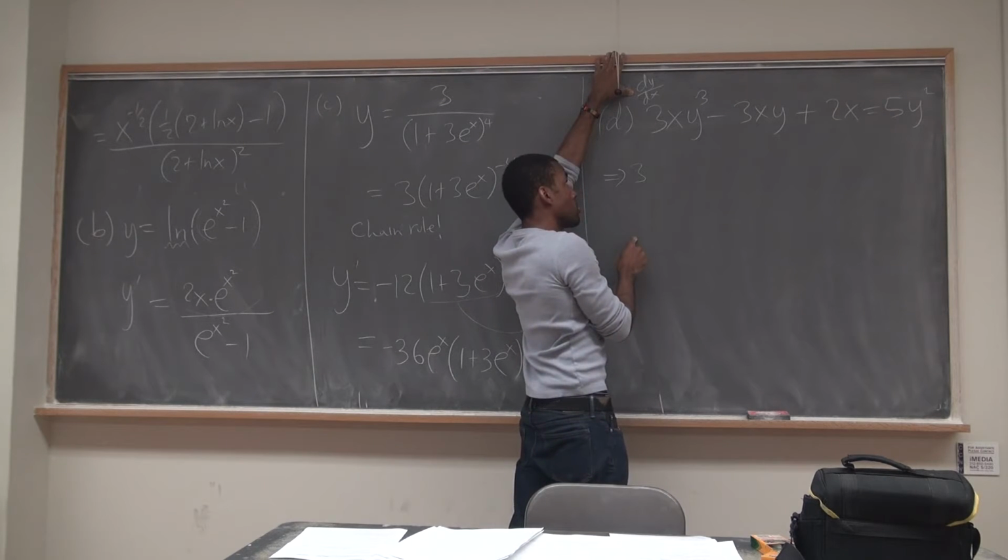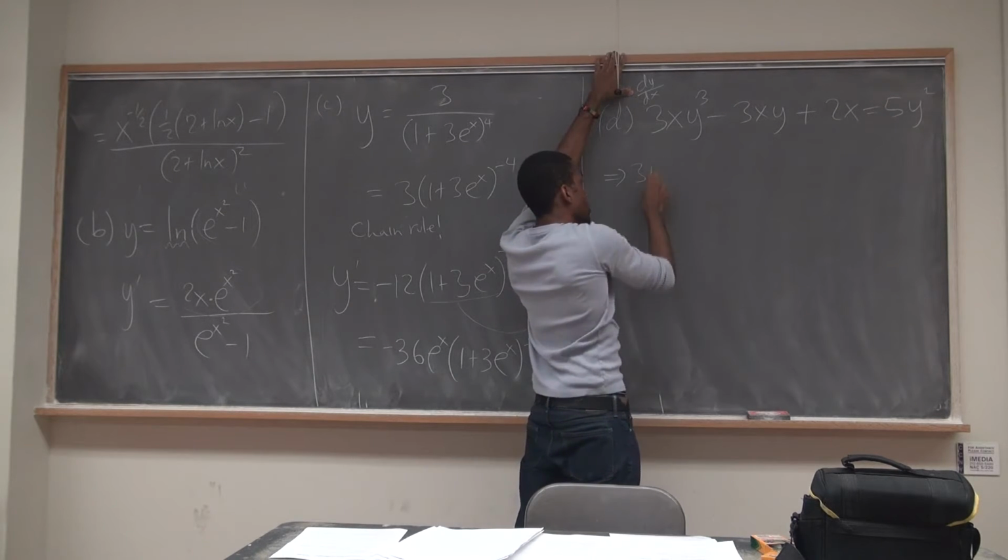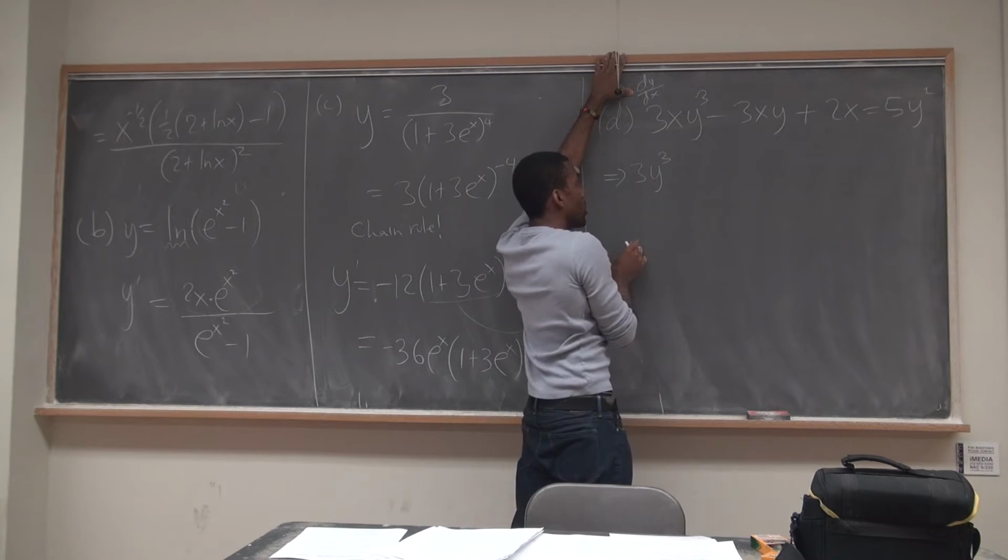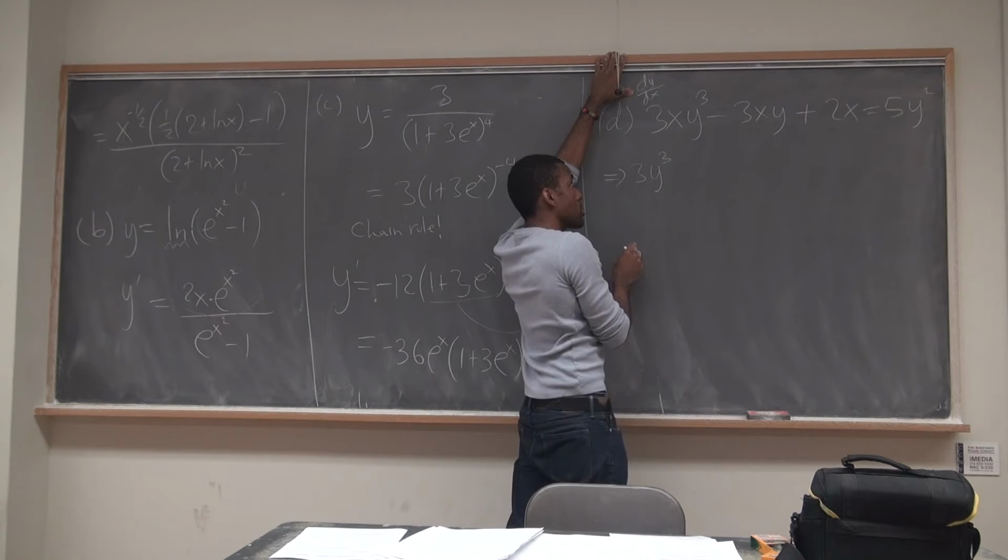So it'd be 3y cubed dy dx. Wait, what did you just differentiate? Don't we have two products here? 3x and y cubed? Product rule, right? Yeah. 3 times 3x. So you just differentiated 3x, but your variable is x. So what do you do?